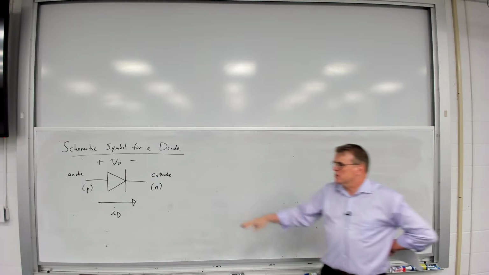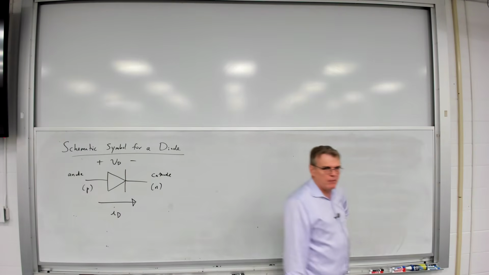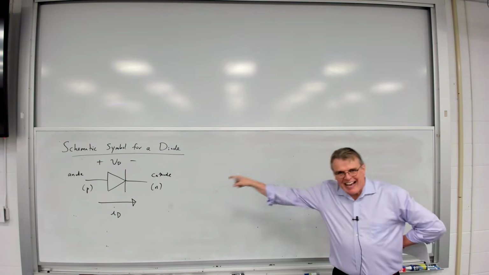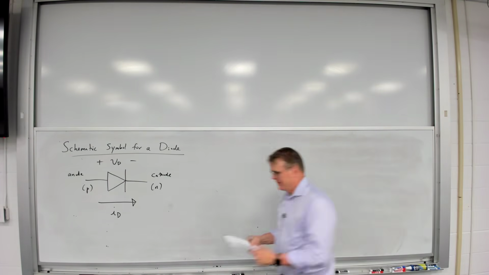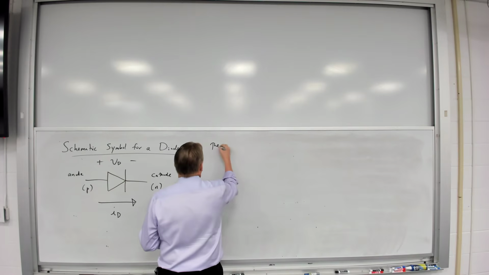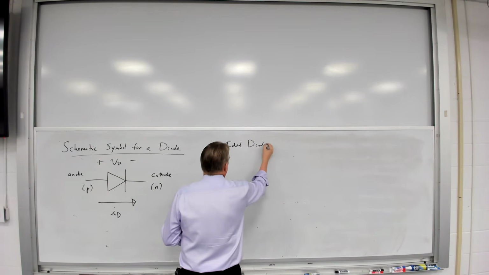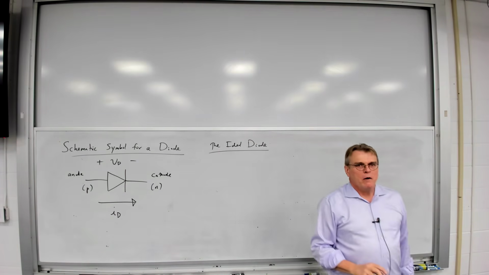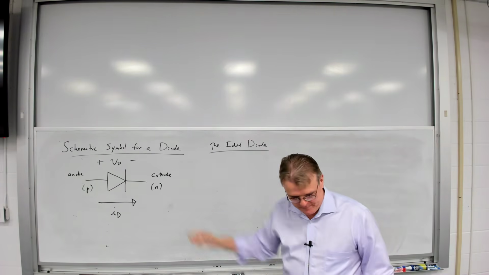So before I actually start writing the equations for what a p-n diode behaves like, we're first going to spend a little bit of time talking about the ideal case. So I want to first talk about the ideal diode. And for the ideal diode, we're going to make some simplifying assumptions about the behavior of this element.